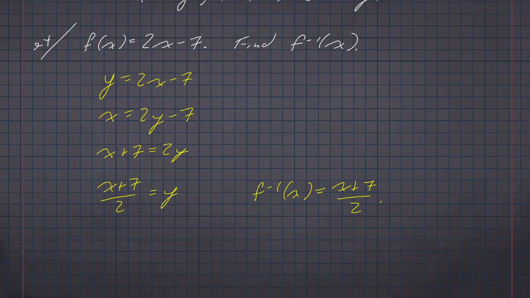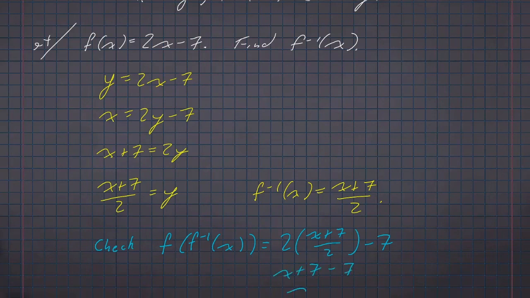We can double check our work by evaluating f of f inverse of x, which would be 2 times x plus 7 over 2, minus 7, which is x plus 7 minus 7, which is x.